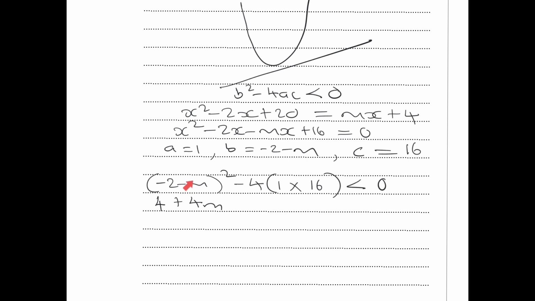And then negative m squared, we are going to get positive m squared. Of course, negative 4 times 16, we are going to get negative 64, less than 0. Now, rewriting this, we are going to have m squared plus 4m, and then 4 minus 64 will give me negative 60, less than 0.